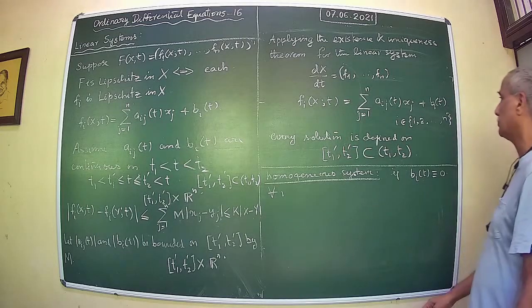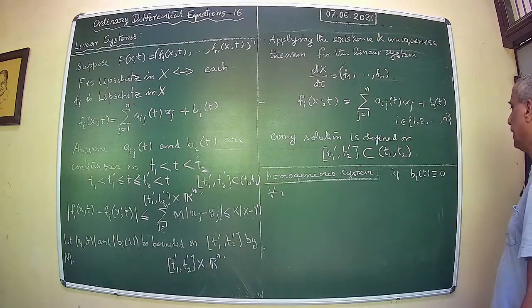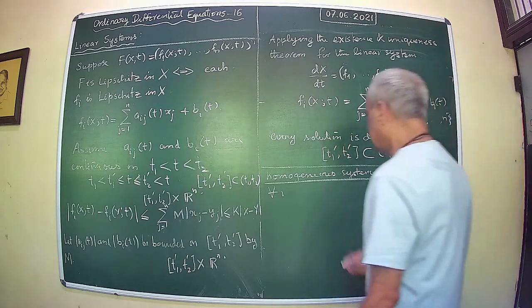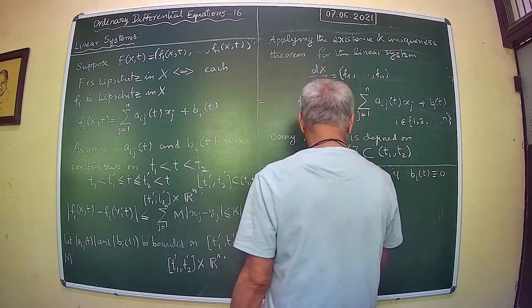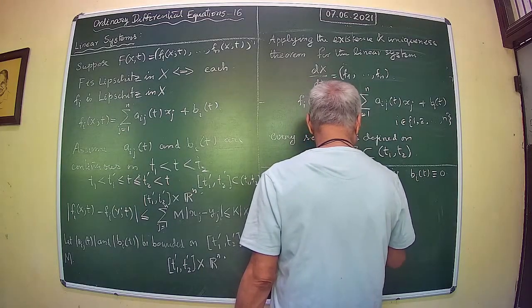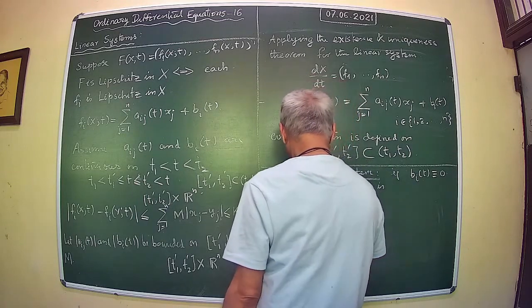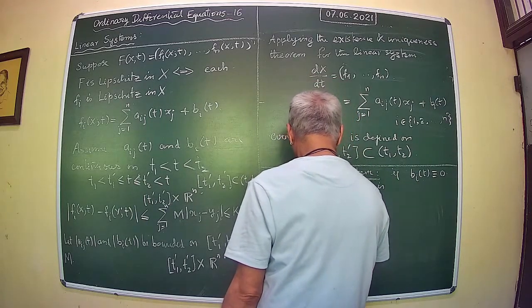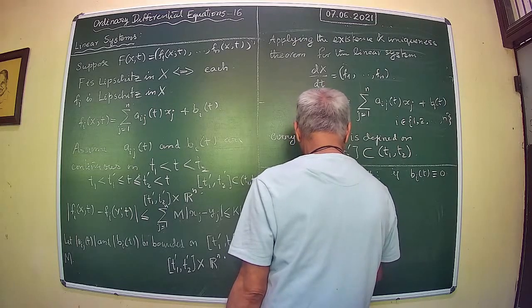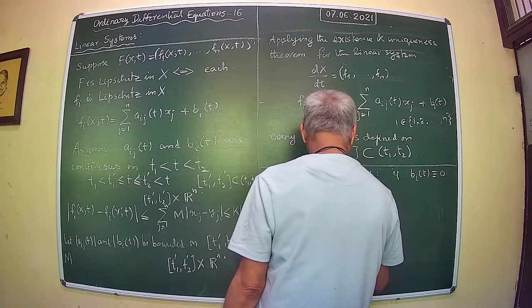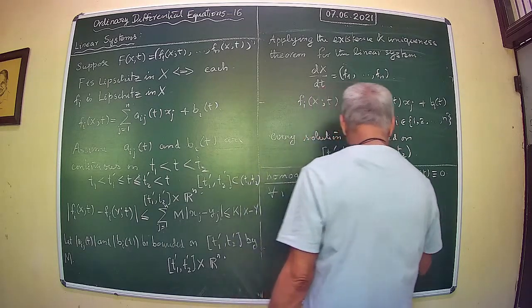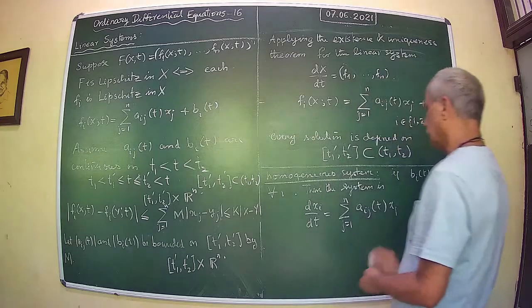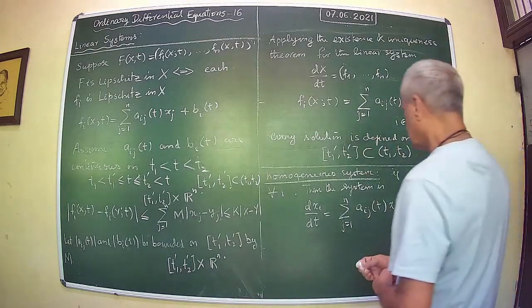So b_i(t) is identically equal to 0. Then the equation is dx/dt equals A(t)x.